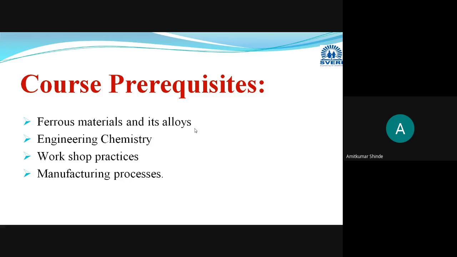Throughout this entire chapter, we are going to take reference of the iron-iron carbide equilibrium diagram for taking the temperature points and performing the different processes. Okay, so these are the prerequisites for this heat treatment of the steels.